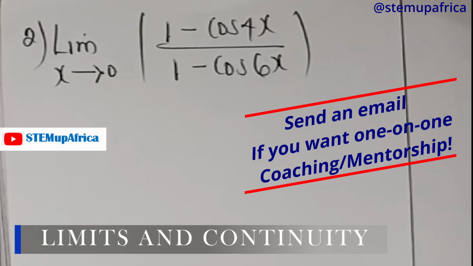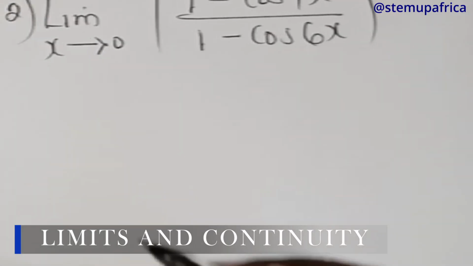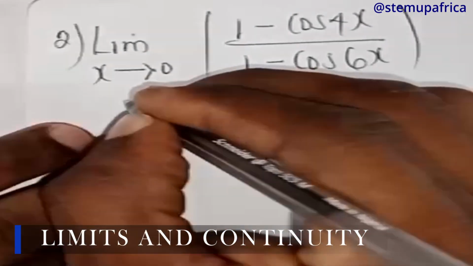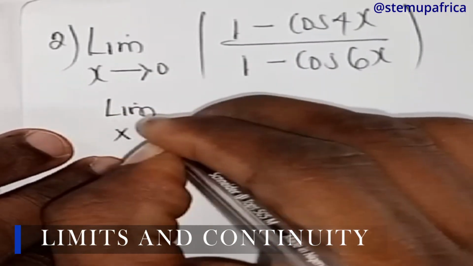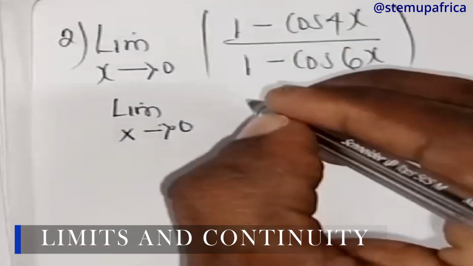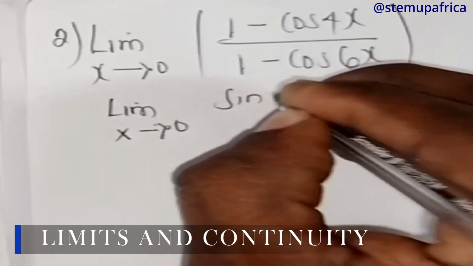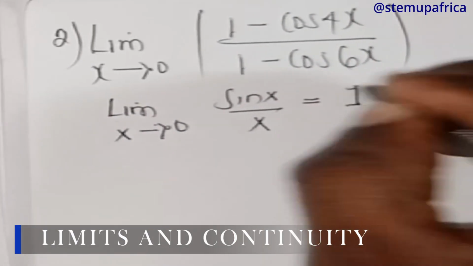So let's recall what the special limit says. It says lim x tends to 0 of sine x over x, the value is simply 1.